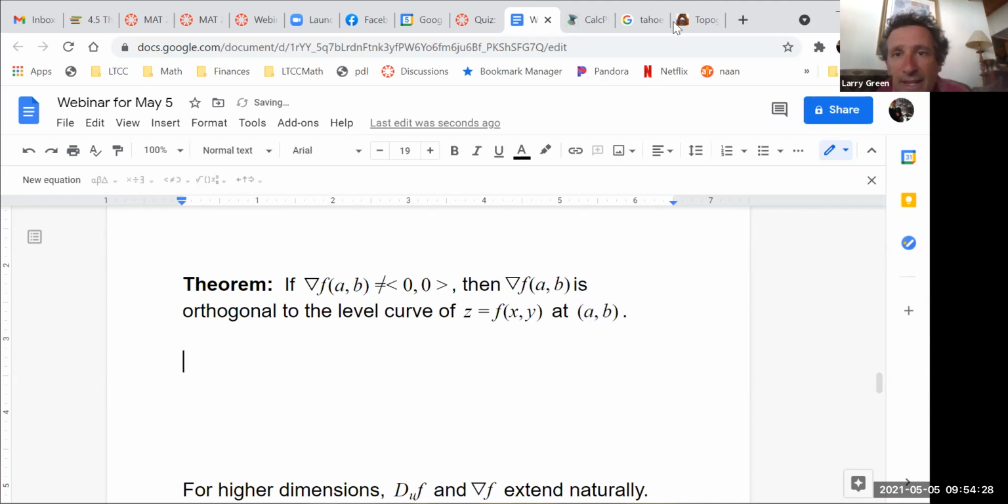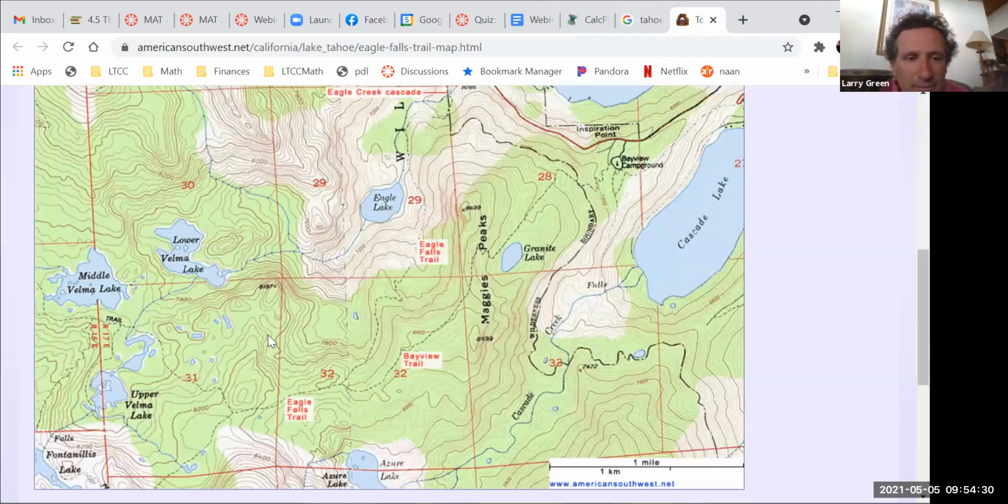So again, if you take that picture, and those of you who are used to looking at topo maps and working with them probably already know this.